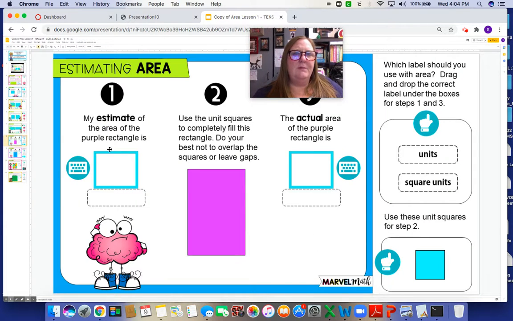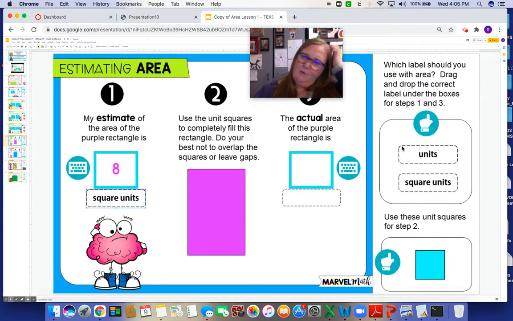Then for the next part, you are going to estimate the area. So you're going to estimate how many square units you think it's going to take to fill up this rectangle. So I'm going to guess 8. And remember I said it's not just regular units, it's square units when you're talking about area. So we're going to put square units there. And then we're going to actually take the cubes and we're going to fill in this rectangle with our square units. 1.